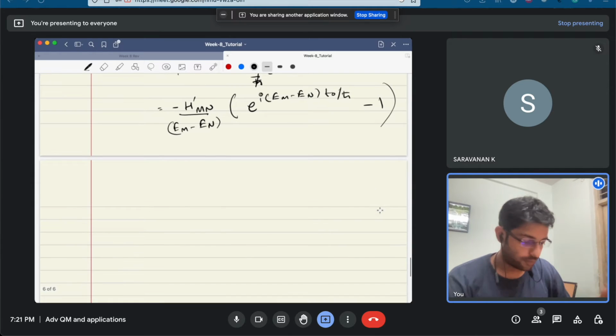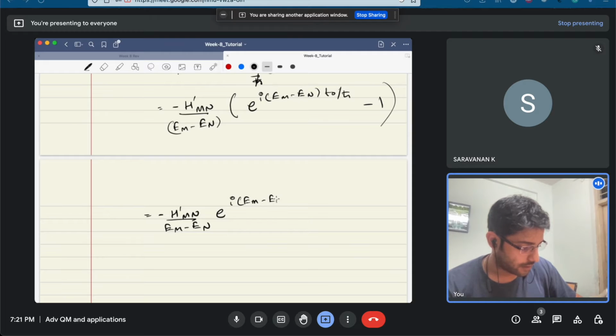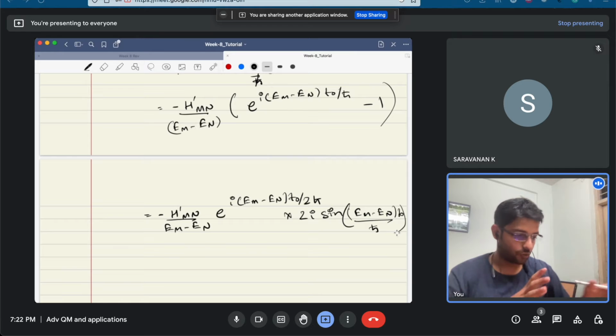Now in order to simplify it, we can take the half factor with the exponential out, and write it in the form of a sine. So we get e to the power i (Em minus En) t naught by 2 h bar, and this bracket comes out to be sine of (Em minus En) t naught by 2 h bar. This is straightforward.